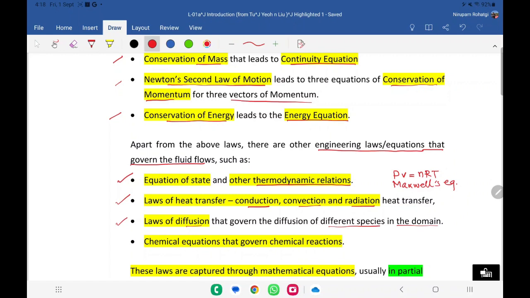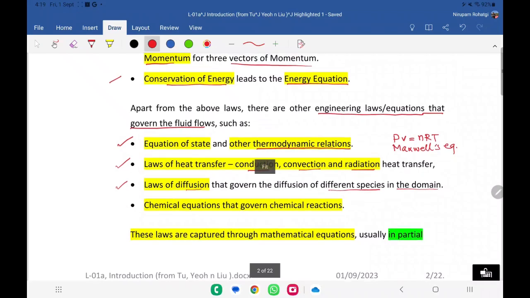So it depends, you have to decide. Like in the case of a room, if you are concerned only about temperature, you can talk about air as a single species. But if you are talking about the concentration of carbon dioxide, then you have to take it as multiple species, and you also have to take into account the diffusion equations. So it depends what the objective is and what is the type of problem before you, right?